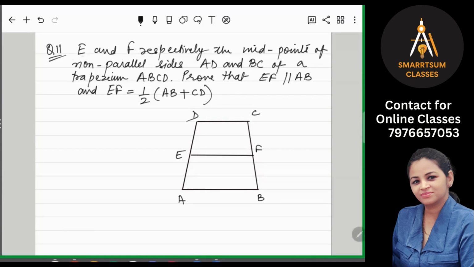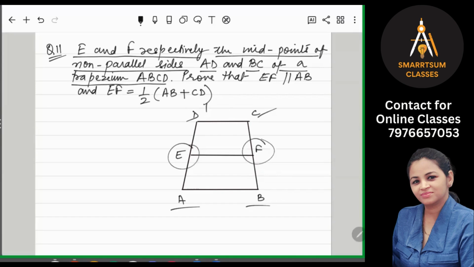In this question, E and F respectively are the midpoints of the non-parallel sides AD and BC of a trapezium ABCD, as you can see in this figure. ABCD is a trapezium, and E and F are the midpoints of the non-parallel sides AD and BC.